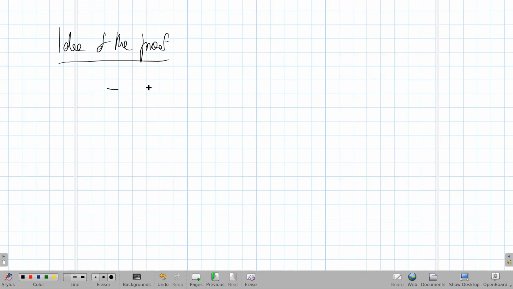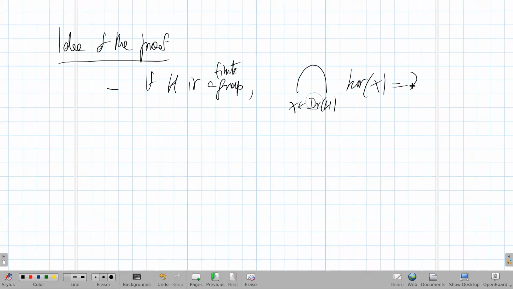So the first thing is that if you have a group H, and it will be clear in a second why I'm taking exactly a group H, then if you take the intersection, as chi ranges over the irreducible characters of the finite group, of the kernel of chi, this is trivial, okay?